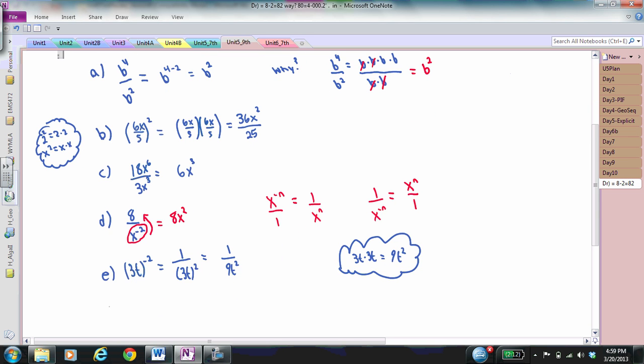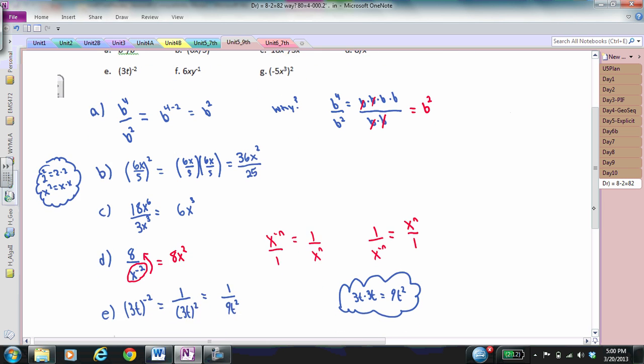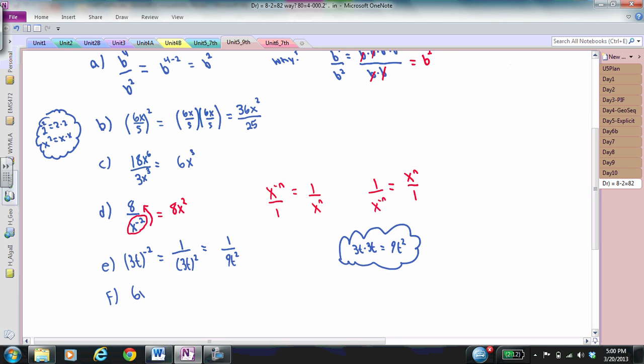Now part F, 6xy to the negative first. Important distinction here, we want to simplify this with no negative exponents. So what we're really worried about is this negative exponent with the y. Notice the exponent on 6 is positive, it's 1, and the exponent on x is positive, it's 1.